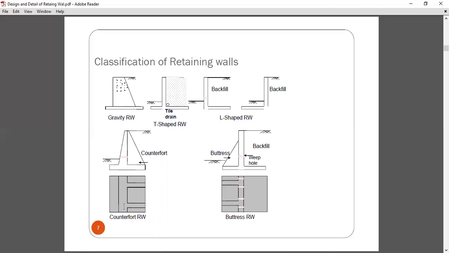Seeing this plan here, this is our retaining wall, this is the upper area, and this is the lower area. The area of the counterfort is about this. This is sloping, same as in a buttress. But the difference between buttress and counterfort is that a buttress is constructed on the empty side rather than the backfill side, and vice versa in the counterfort retaining wall.